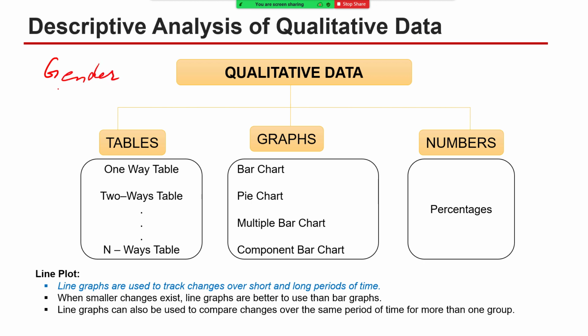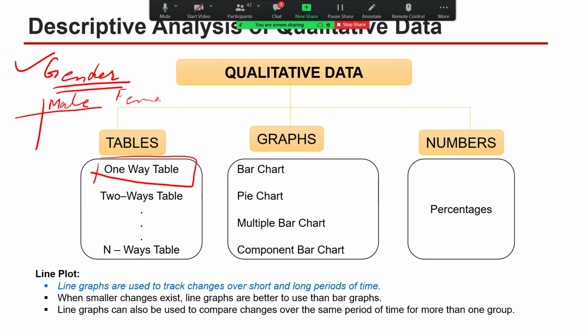With the help of gender, I want to know how many males and how many females are working in this organization. So we are talking about a one-way table, only a single factor, where we can see the frequency.